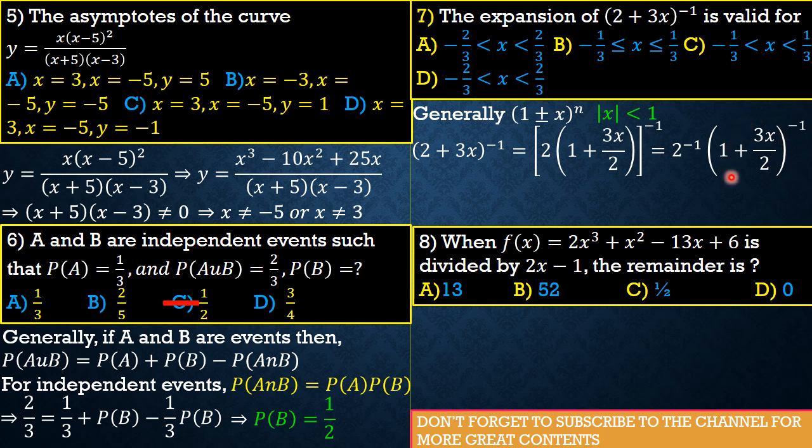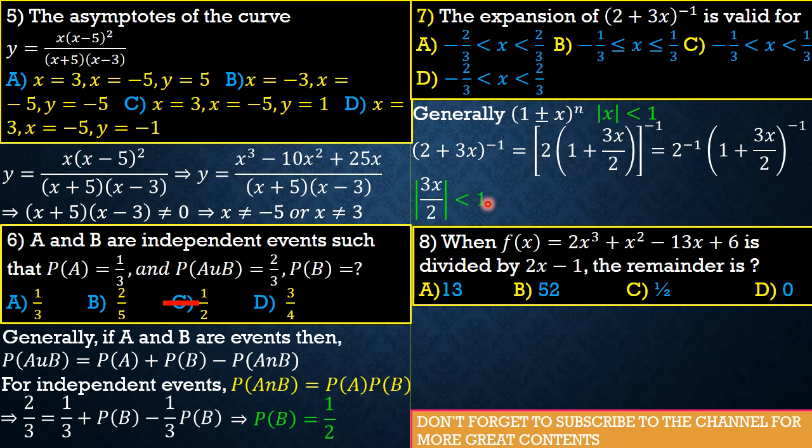We are able now to express this expansion in this form, right? Because we have a 1 here. Our x in this case is simply what? 3x/2. It therefore implies, guys, based on this radius of convergence, that this expression now is valid whenever the absolute value of 3x/2 is less than 1.